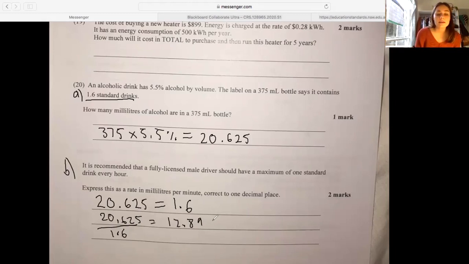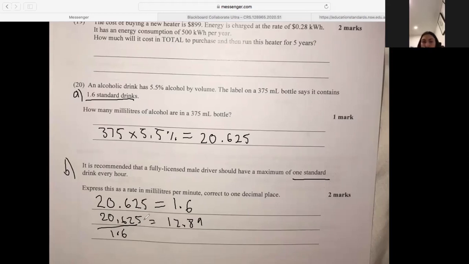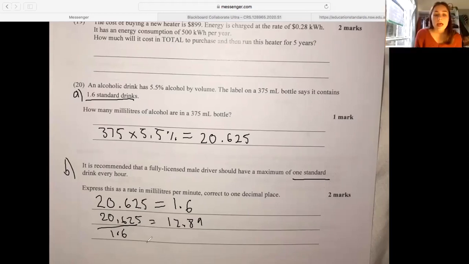That's 12.89 milliliters per hour, which is one standard drink per hour.